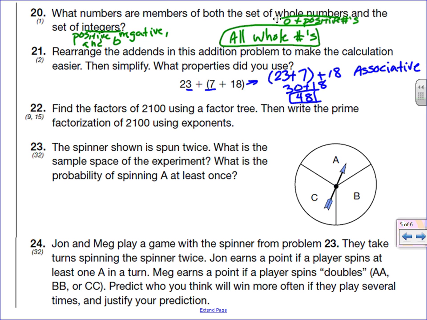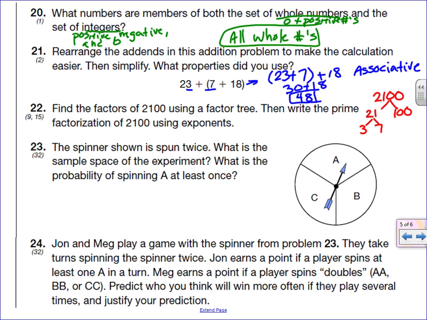Find the factors of 2100 using a factor tree. Then write the prime factorization of 2100 using exponents. Now if I have 2100, I can have it be 21 times 100, because 21 times 1 would be 21, and I'd add 2 zeros after it. Factors of 21 are 3 and 7.